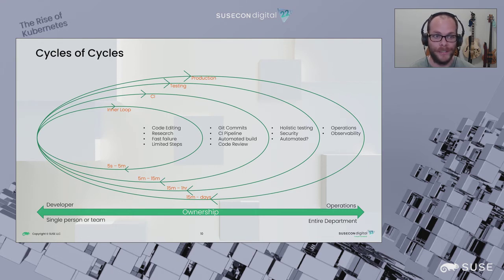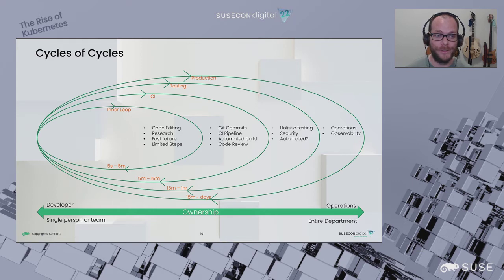This is where you're doing your quick iterations of editing code, potentially researching how new features might work, if you're looking at building a loop and optimizing, and especially if you're on the user experience side, feeling out how certain features feel to an end user. You really want a very quick turnaround with fast failures and as few manual steps as possible.